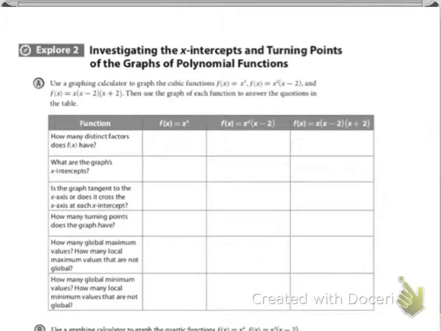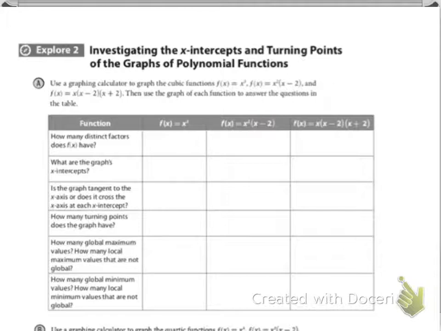Okay, so then the other thing we need to be looking at to be able to eventually put these graphs together is investigating the x-intercepts and turning points of the graph of a polynomial function. So if we think about looking at these graphs of these three functions, we have x cubed, we have x squared times x minus 2, and we have x times x minus 2 times x plus 2.